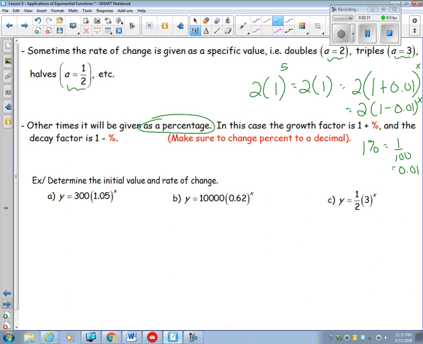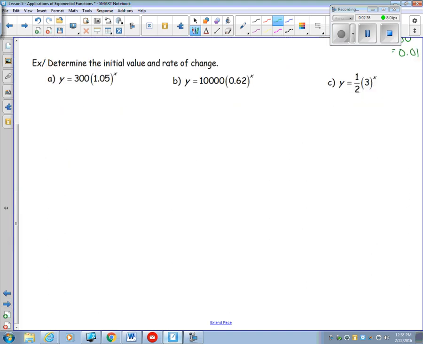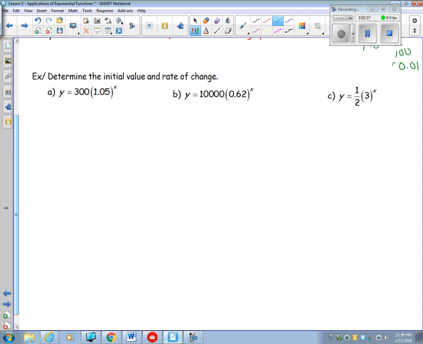Okay, so we look at the first example here. I want to look at the initial value and the rate of change for these various exponential functions. So the initial value is easy to recognize. Okay, it's the number out front, your b value. So initial value, just go IV, would be 300. My rate of change, okay, that's coming from this part over here. The a value is in relation to 1. So how much different is this from 1?